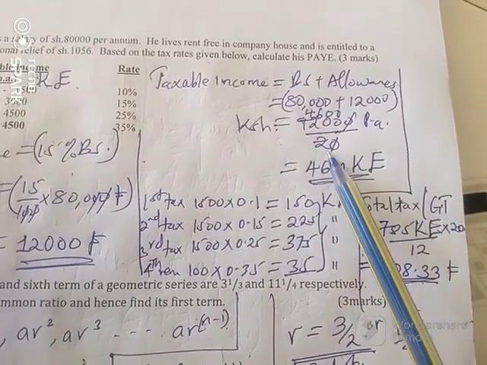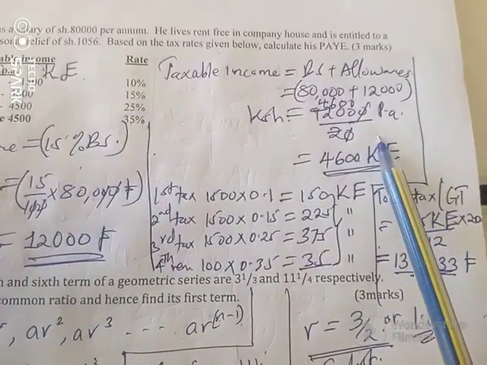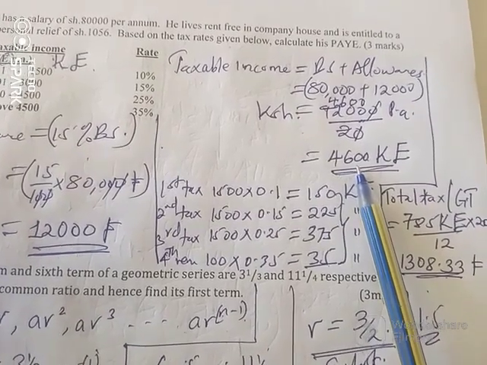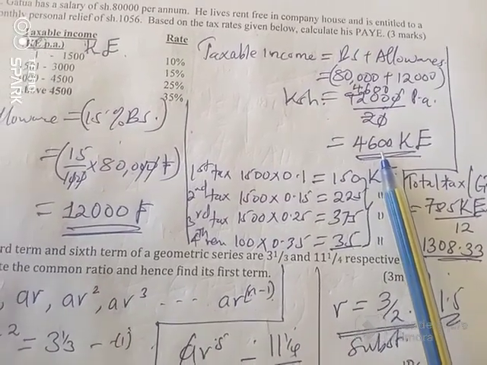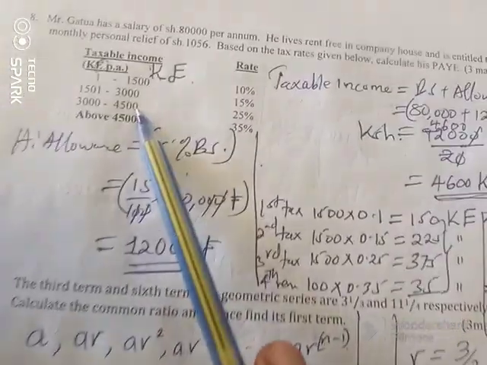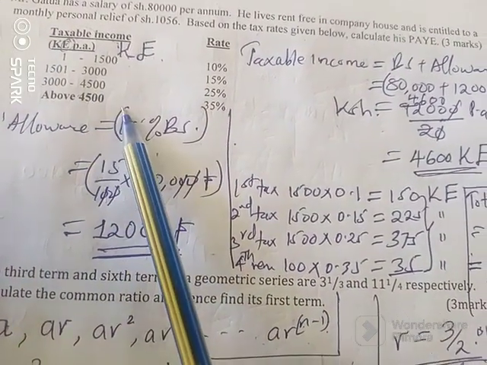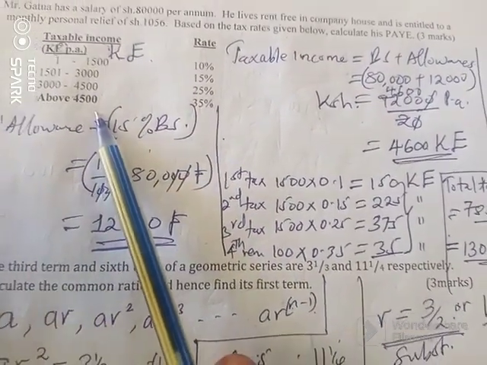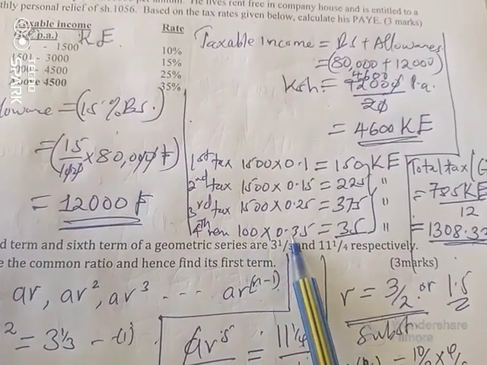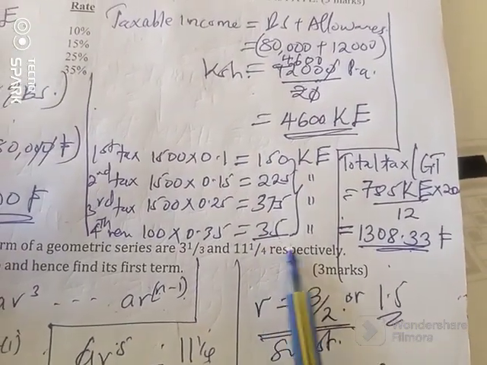Then we had to convert into Kenya pounds because the table is directing us to do so. So converting, we found his yearly pay in Kenya pounds is 4,600. Then coming to the taxation table, we tax slab 1, slab 2, all the way. There was still a remainder above the 4,500, which was only 100 Kenya pounds, which we also charged and got 35 Kenya pounds went as tax.